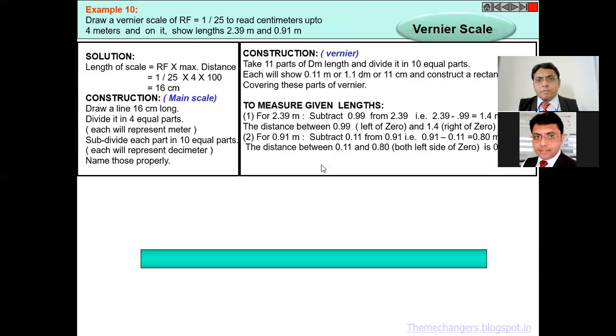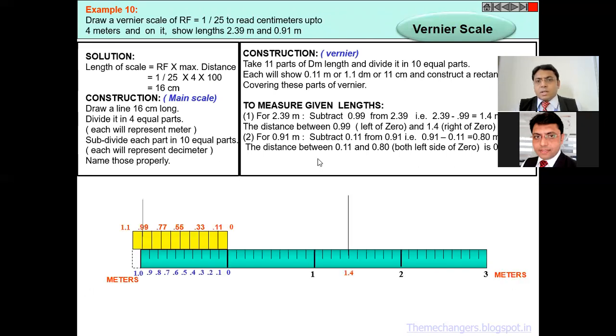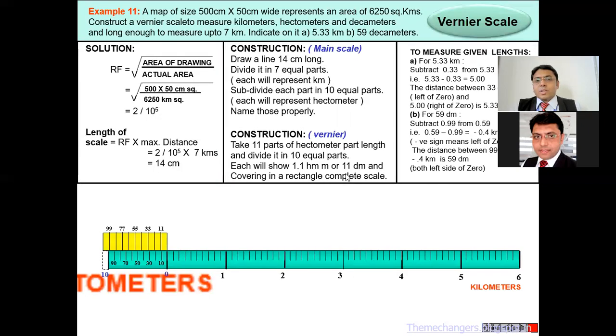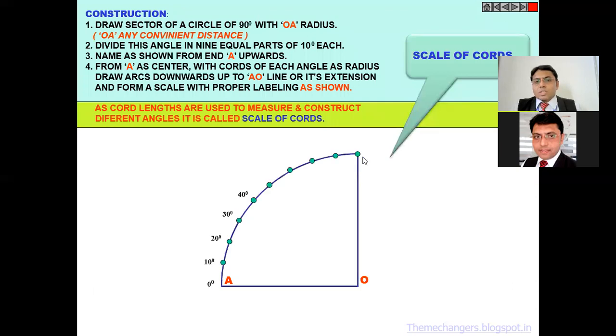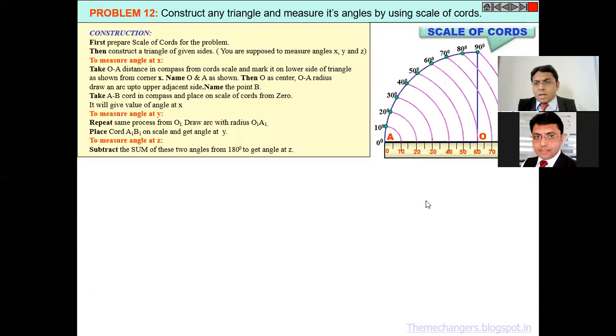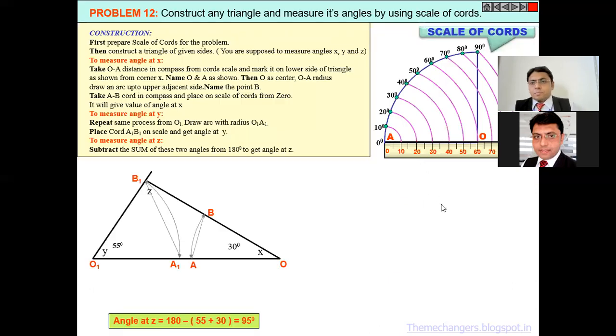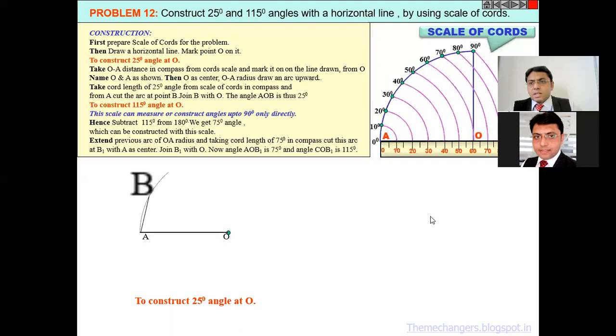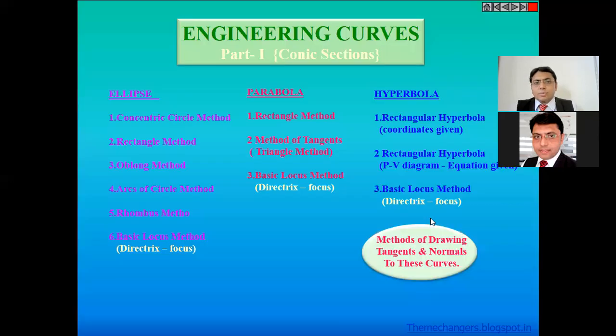So with the help of all these methods, you will be able to understand the concept and how to construct those conic sections. We already discussed the general method of these 3 topics, ellipse, parabola and hyperbola.